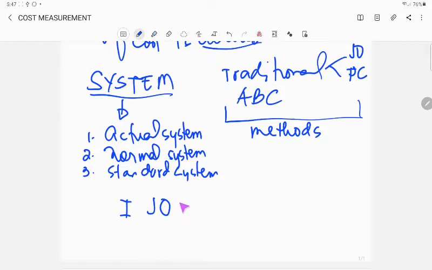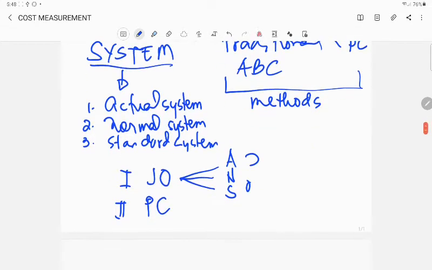Pag job order costing system, itong choices mo: actual, normal, standard. Yan ang question. Ganun din pagka process costing, and then kapag ito ay activity-based. So, yun yung decision that you have to make.